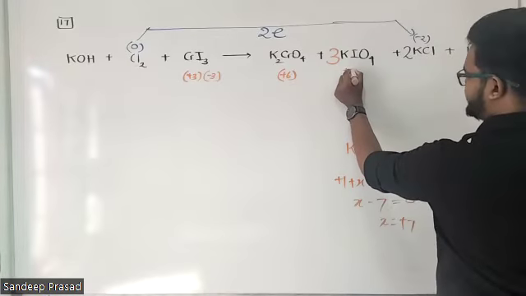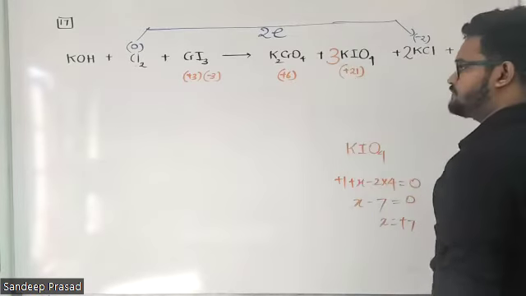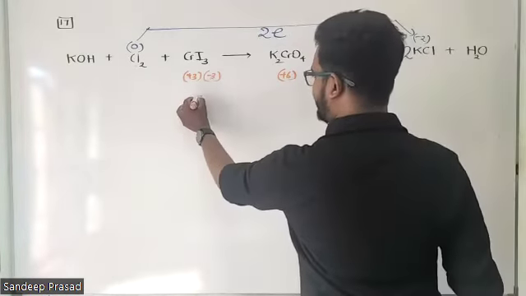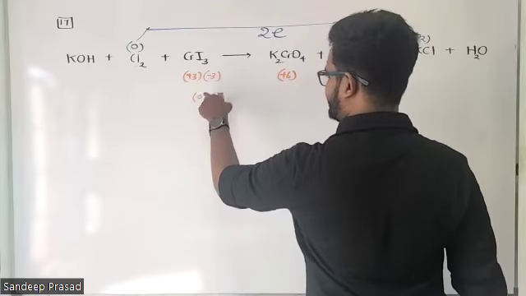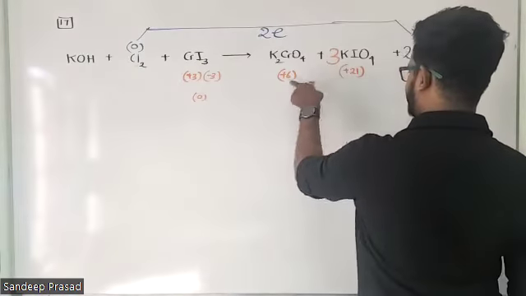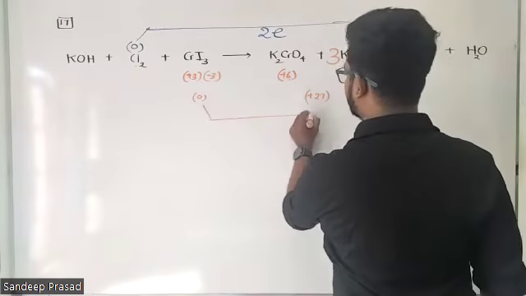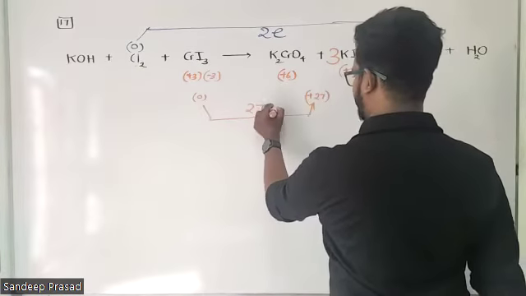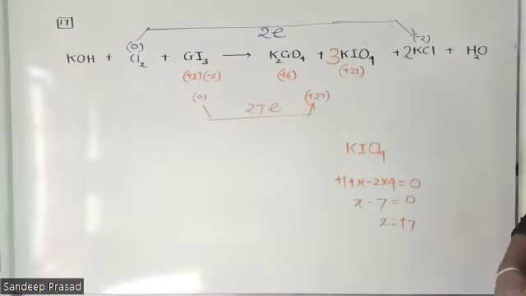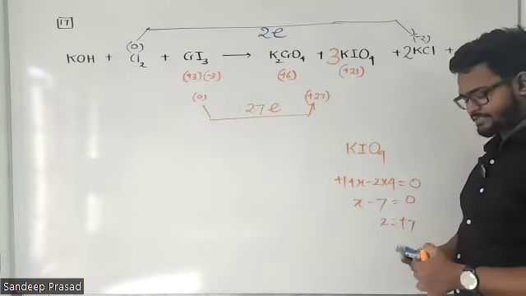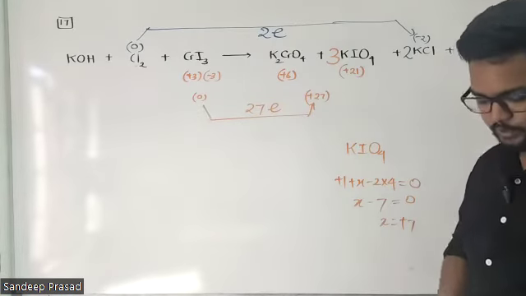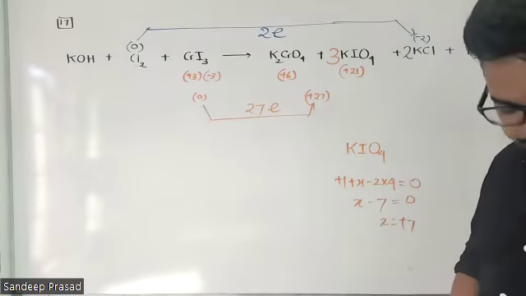Therefore, +7 into 3 is +21. Right? So now take the total increment and decrement. +3 -3, 0. 6 plus 21, 27. That means the total increment is 27 electrons. Got it?